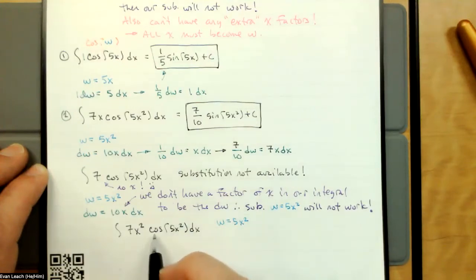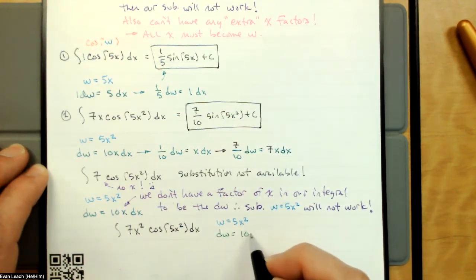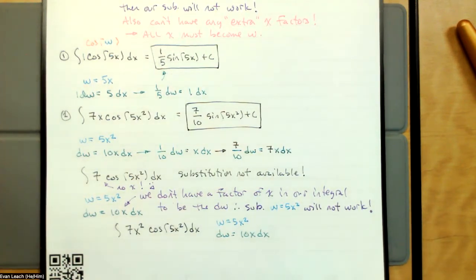And then our outside function will be cosine. Let's see if that substitution will work. If w equal 5x squared, then dw is 10x dx. And now we have a problem. There is a factor of x to be the dw, but there's another factor of x that we don't know what to do with.